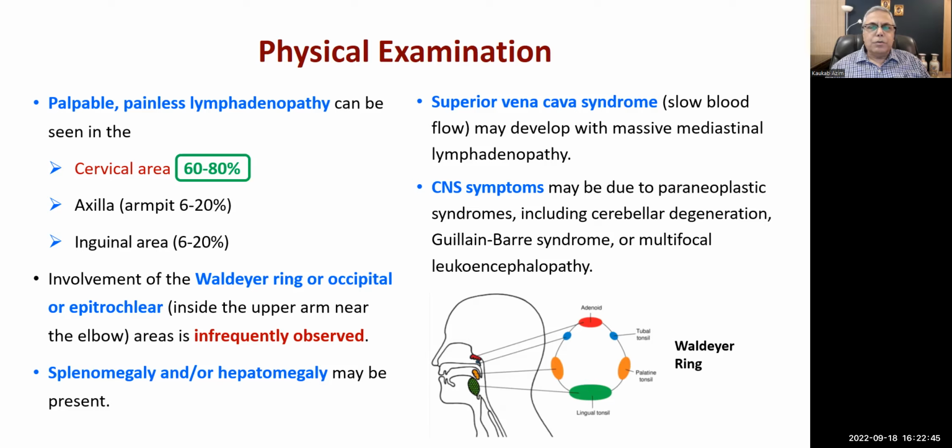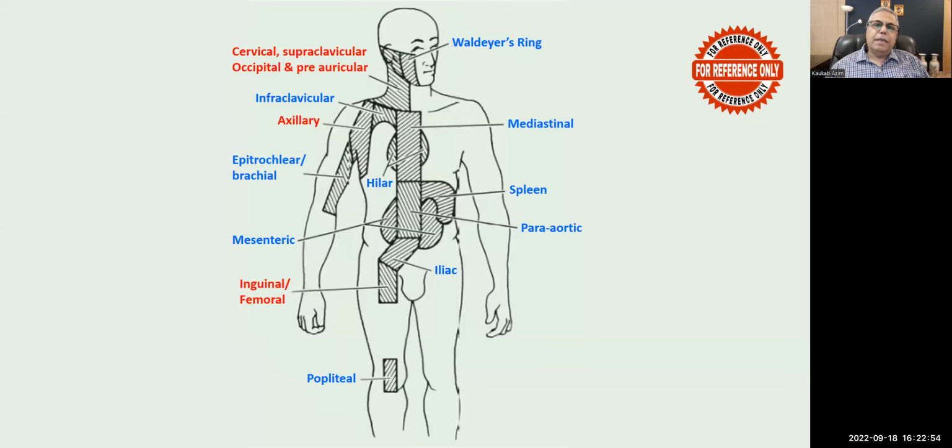So all these could be the clinical presentation, or you can find all of these in the physical examination of the patient. And then again, a distribution: in the red, I've given you the regions where it most commonly appears, but it can appear anywhere in the body, right?